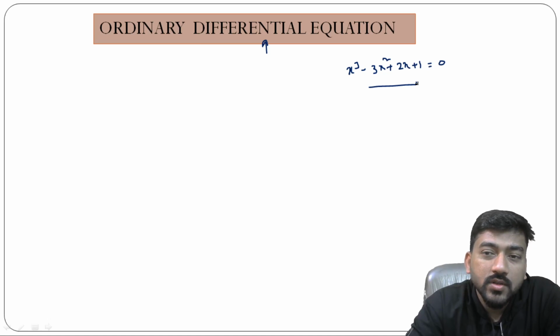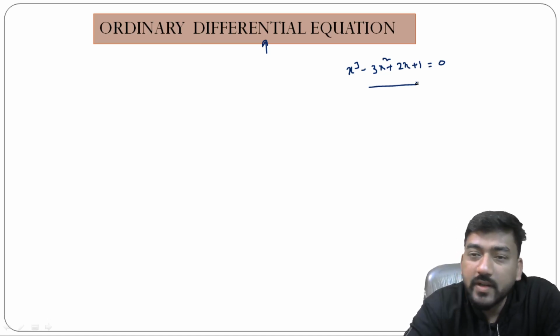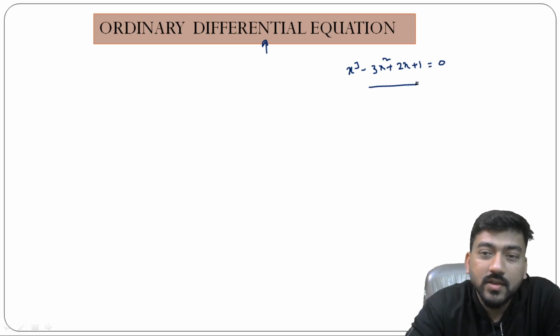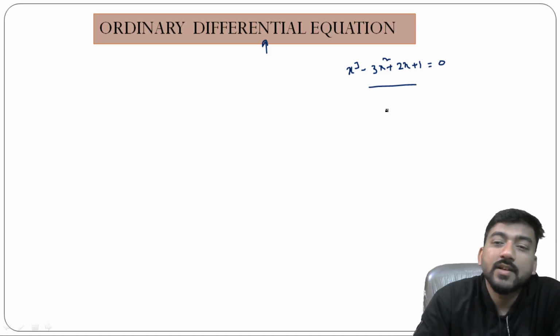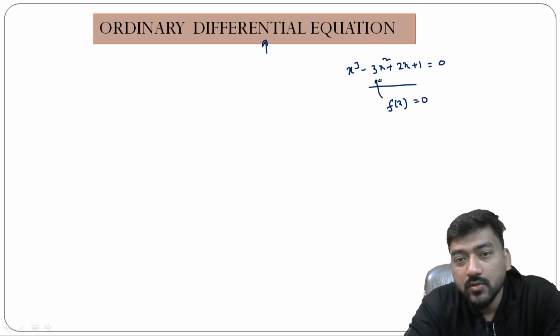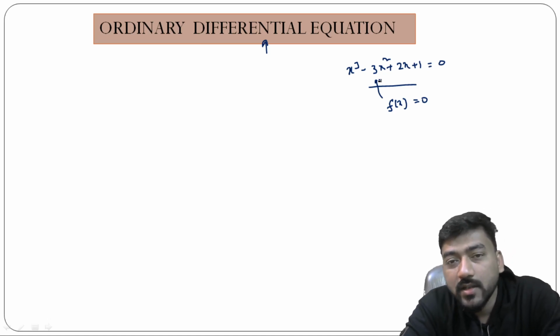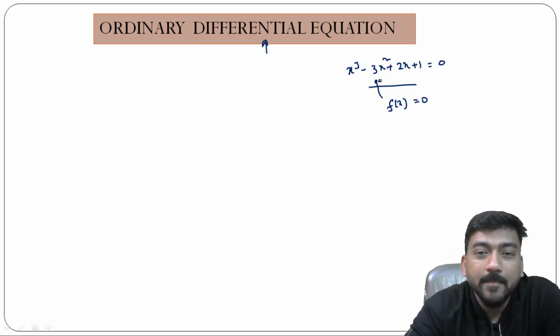If you want to solve this equation, you will get the value of x. This kind of equation is f of x is equal to 0, but here f of x is a polynomial function. This kind of equation you have already solved in your basic algebra.